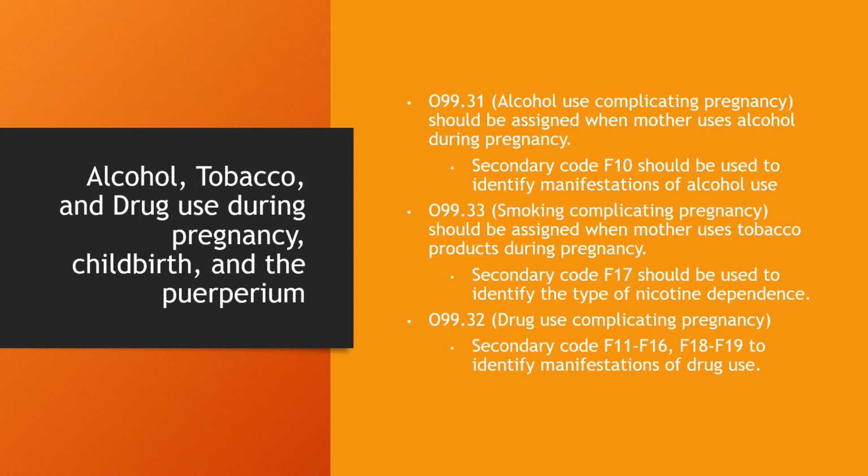Code O99.33 indicates smoking complicating pregnancy. This should be assigned when the mother is using tobacco products during her pregnancy. This also would require a secondary code from category F17 to identify the type of nicotine dependence. Likewise, code O99.32 for drug use complicating pregnancy would require a secondary code to identify the manifestation of drug use.